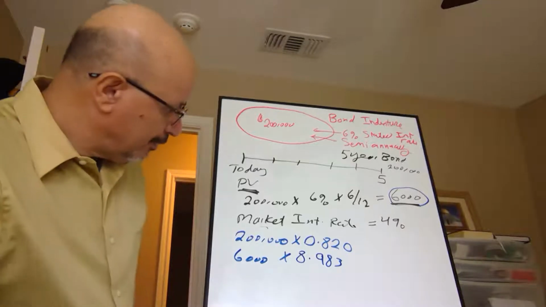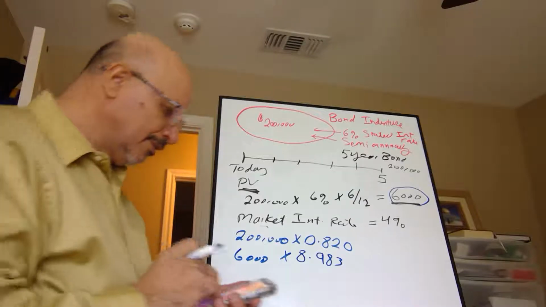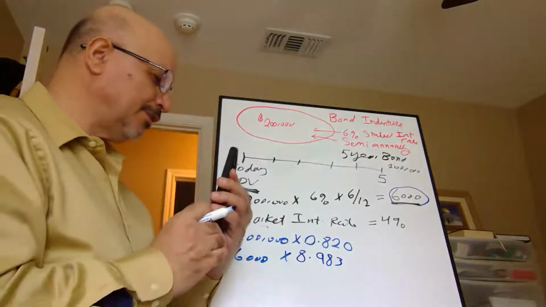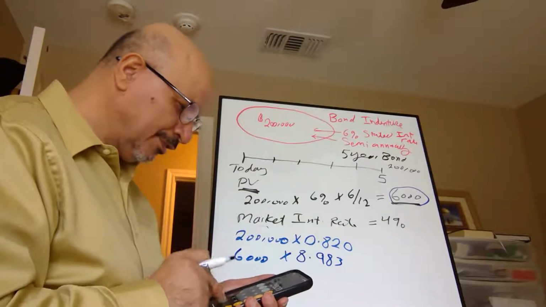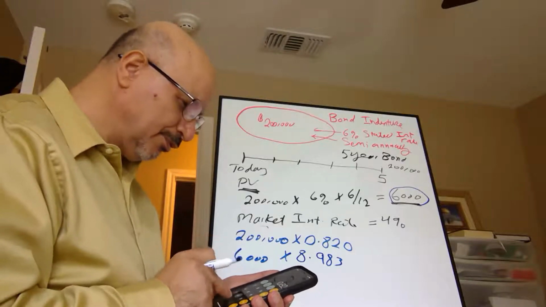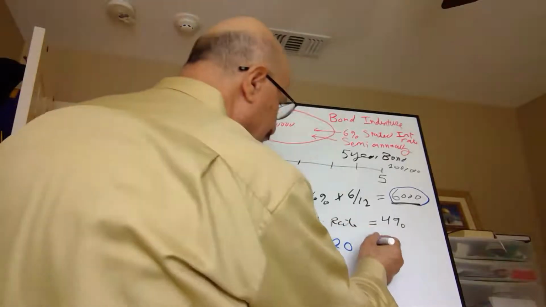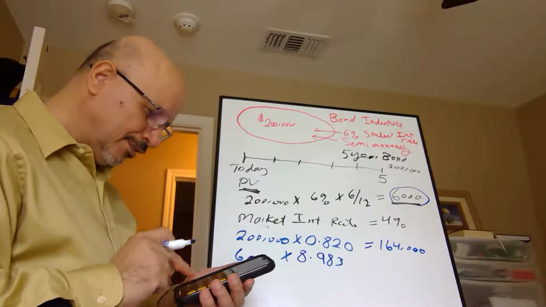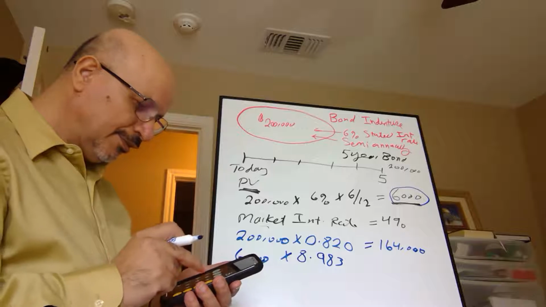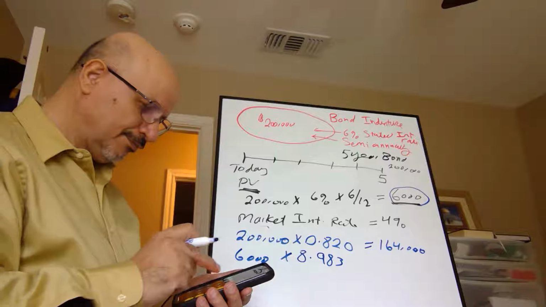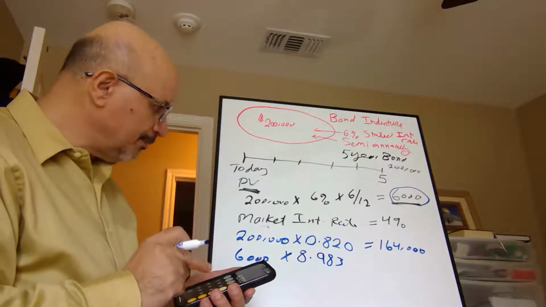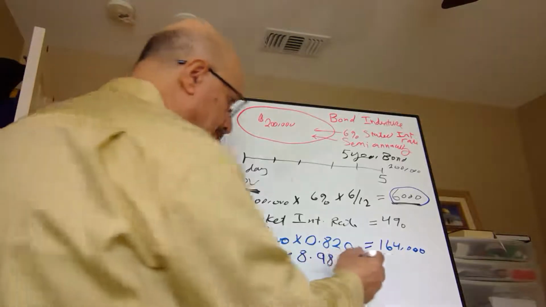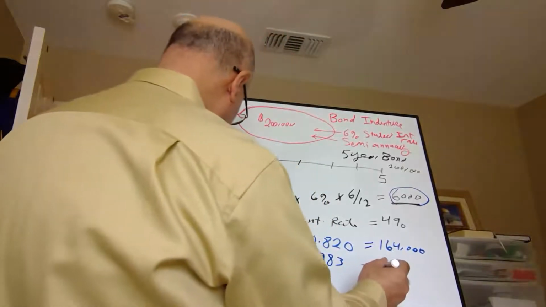So let's find out. I have my calculator here. 200,000 times 0.820 gives me 164,000. And 6,000 times 8.983 gives me 53,898.